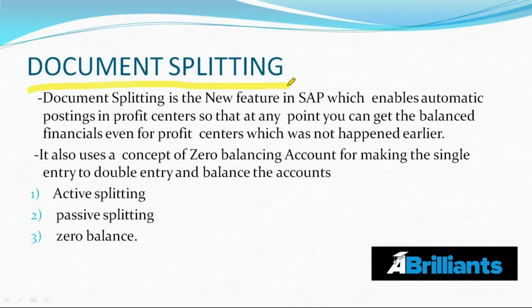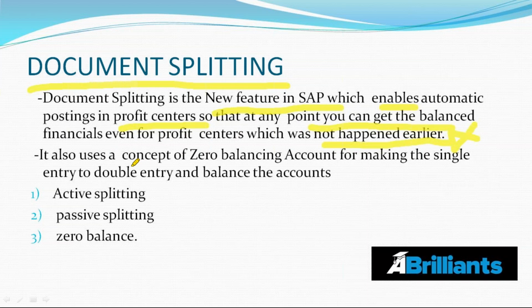Document splitting is the new feature in SAP which enables automatic posting in profit centers, so that at any point in time, you can get the balance and the financial position at different profit centers, which was not happening in the previous version of SAP.